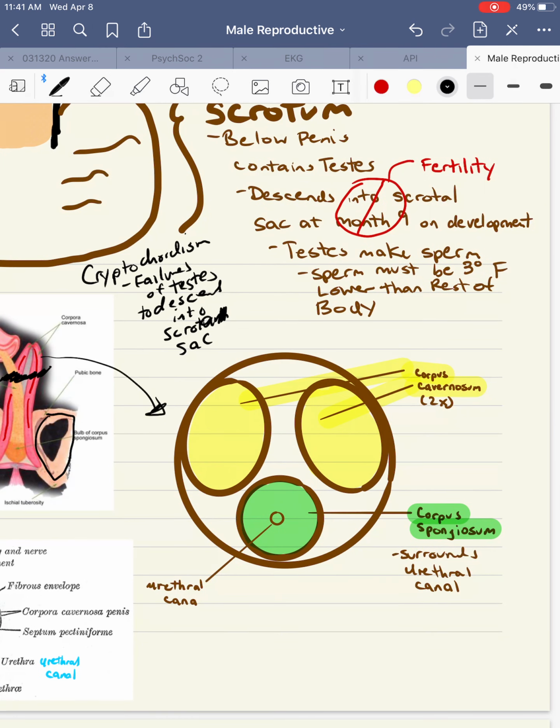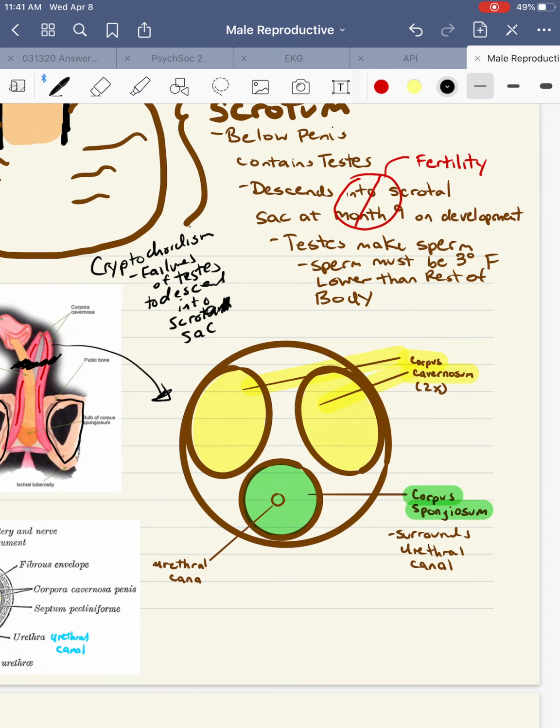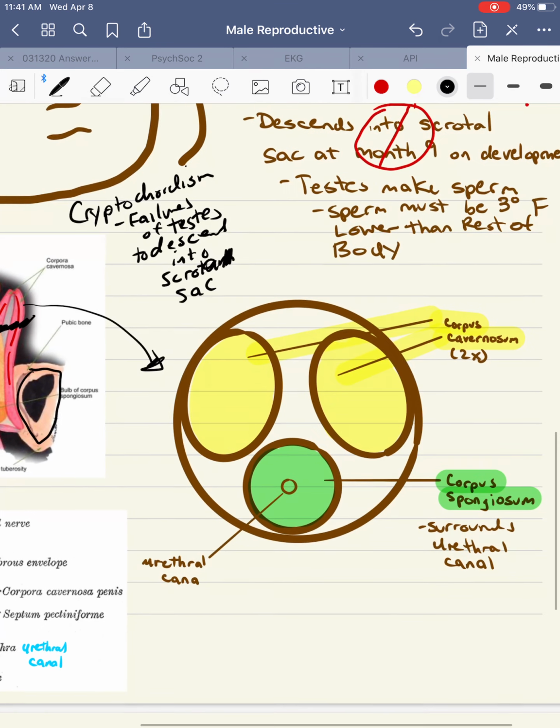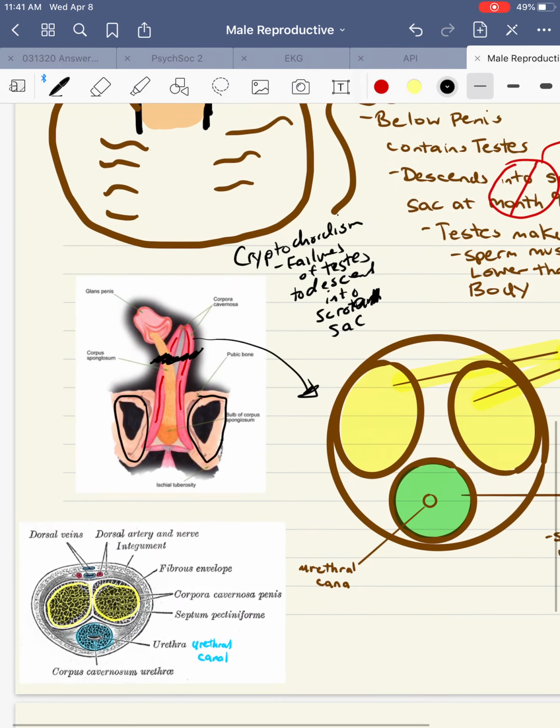There's the superior portion, which has the two corpus cavernosum, and the inferior portion, which is called the corpus spongiosum. Now again, it is not naturally green or yellow. I am just highlighting this to make it explicit. The corpus spongiosum contains the urethral canal, and the urethral canal, of course, has urine coming out of it and sperm.